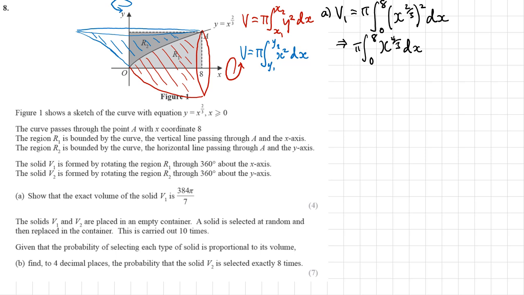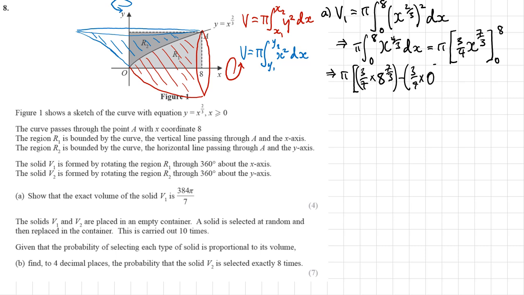dx, and so we'll have pi times by, so if we integrate x to the power 4/3, we'll get 3/7 x to the power 7/3 between my limits of 0 and 8. So we'll substitute in the 0 and the 8, so pi times by, and so we'll have 3/7 times by 8 to the power 7/3, and then minus 3/7 times by 0 to the power 7/3.